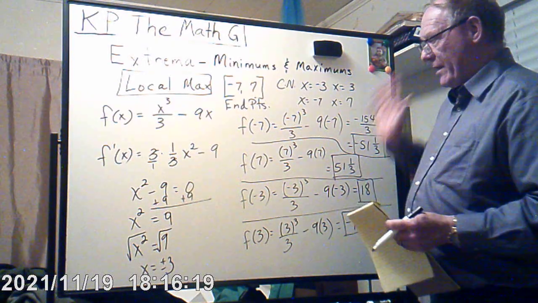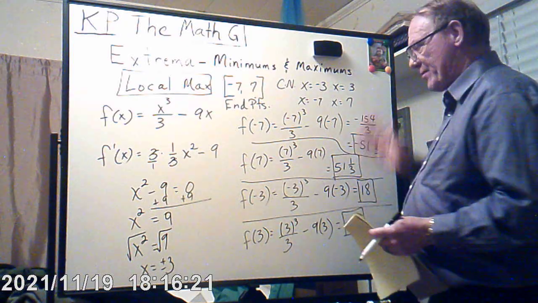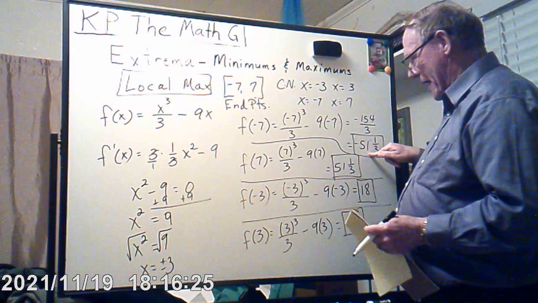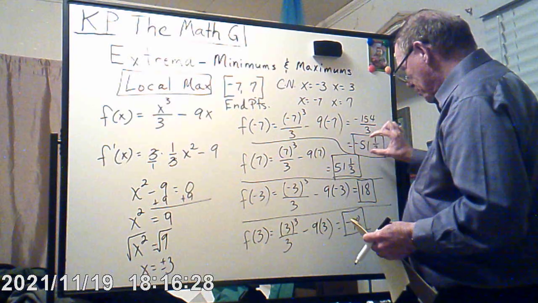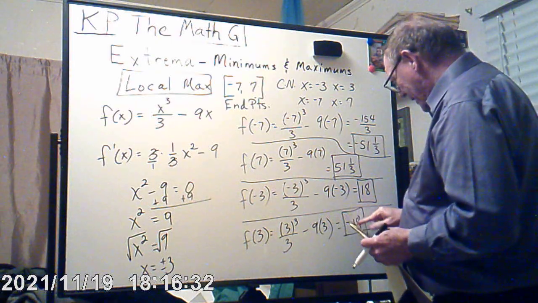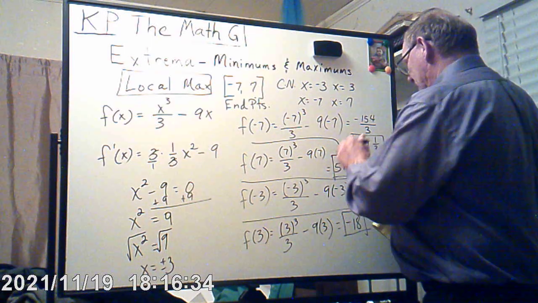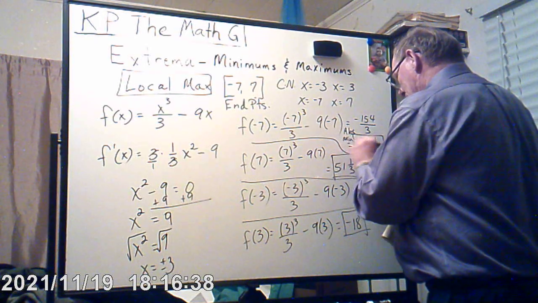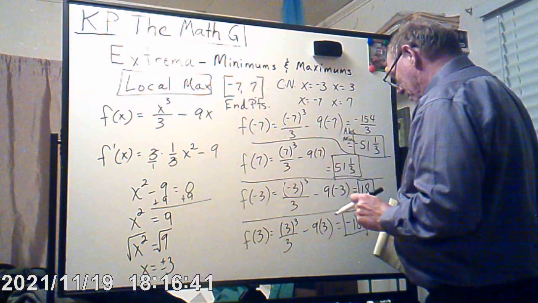Now, if we look at this very carefully, this would be an absolute min, wouldn't it? It is the largest negative of these two negatives here. So this would be the absolute min. That's in this interval here.